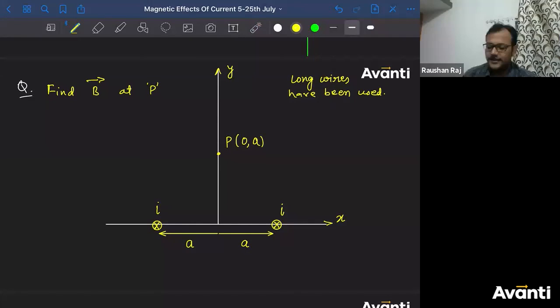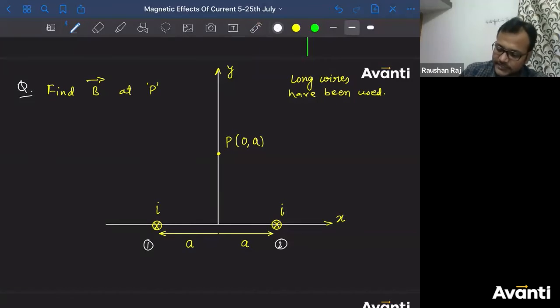Yes, Vinayaka, correct. See child, if I consider this is element 1, look carefully. See, there are so many ways to understand a question. If I ask you to find the direction of magnetic field lines because of the first element, what method did I tell you? Direct your right hand fingers along the direction of current and then curl it. That curling will tell you the direction of magnetic field lines.